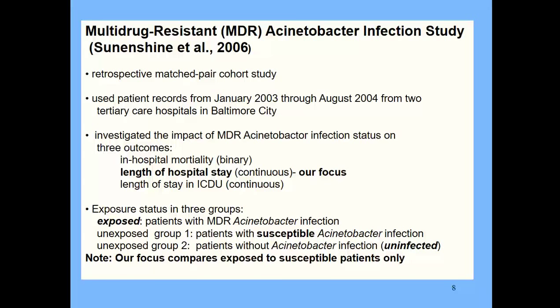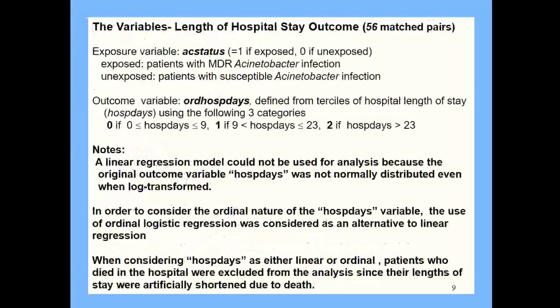And they matched. We'll talk about the matching in a second, and it's a cohort study. So they had people who came to the hospital, and as I said here, 56 matched pairs.